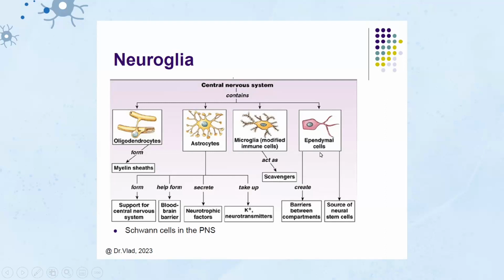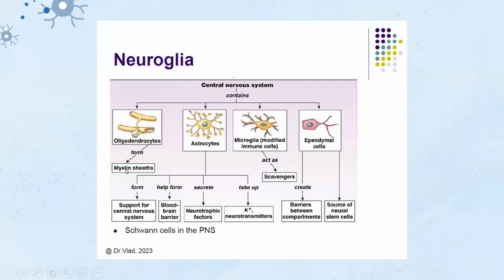Ependymal cells create barriers between compartments, and they're a source of neural stem cells. So they give rise to neural cells, as well as create barriers between the compartments. So these are mainly the neuroglial cells.